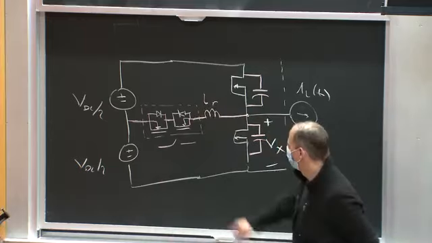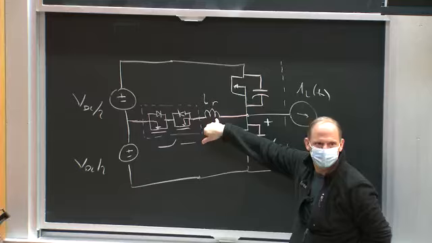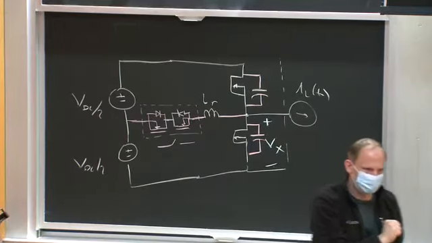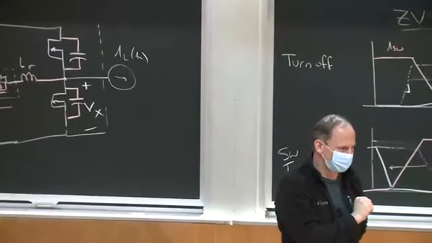Okay? Now, this bidirectional switch has an inductor in series with it. So do you think I'm going to switch this switch with zero voltage switching or zero current switching? Zero current, right?